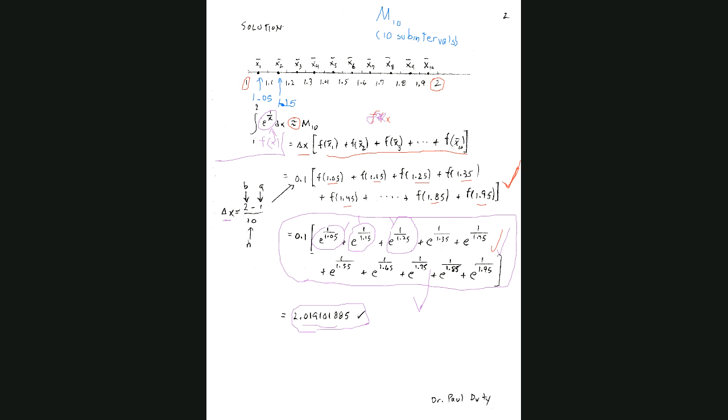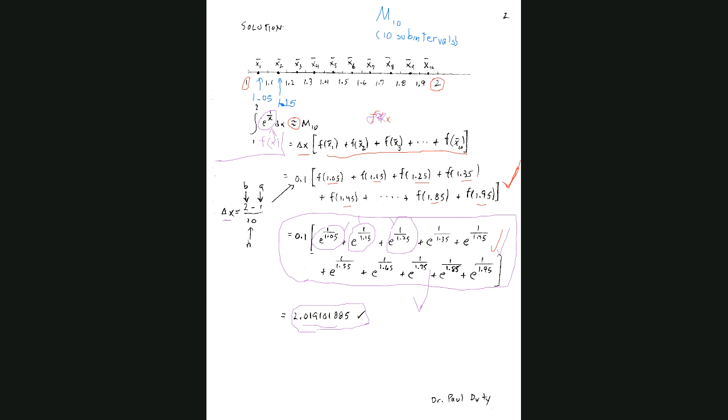So the area that we're looking for is approximately 2.019101885. But we're saying approximately, so how good is the approximation? We'd like to know how good this approximation is.